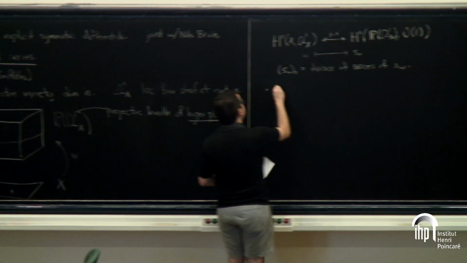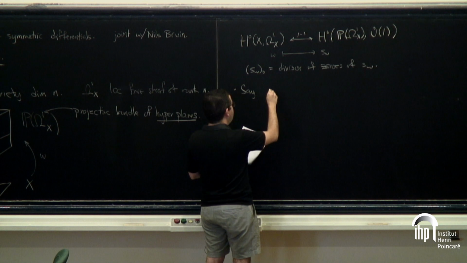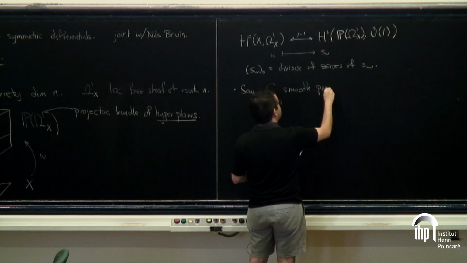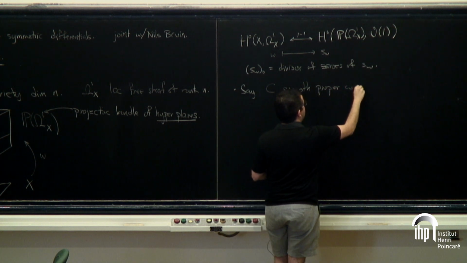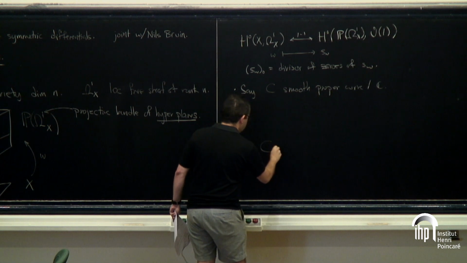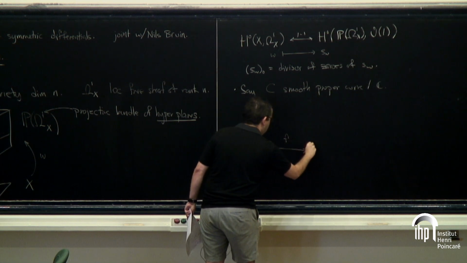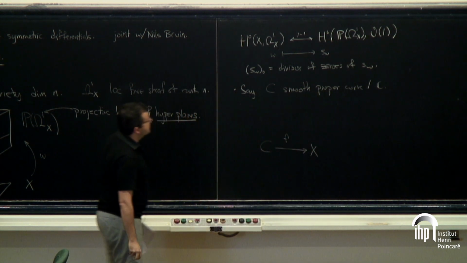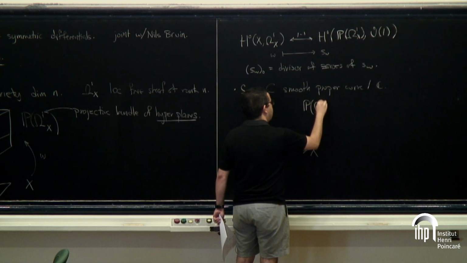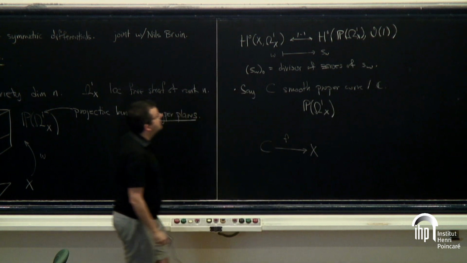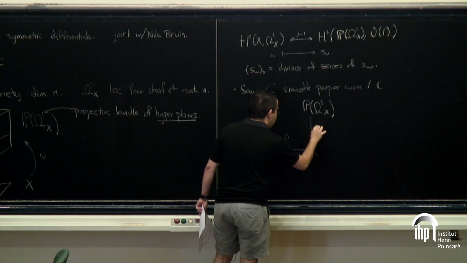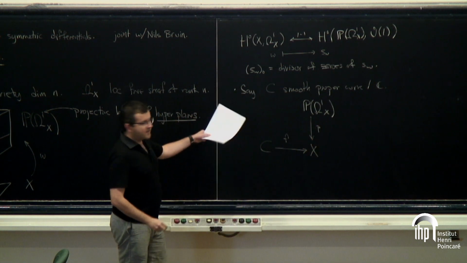So what we'll do is say that you have C, a smooth proper curve, also over C, and that I have some morphism from C into X, and I have my projectivized vector bundle, with the map P. And it turns out that I can lift this up.